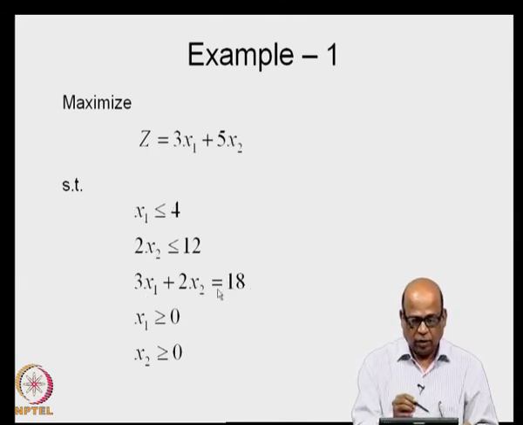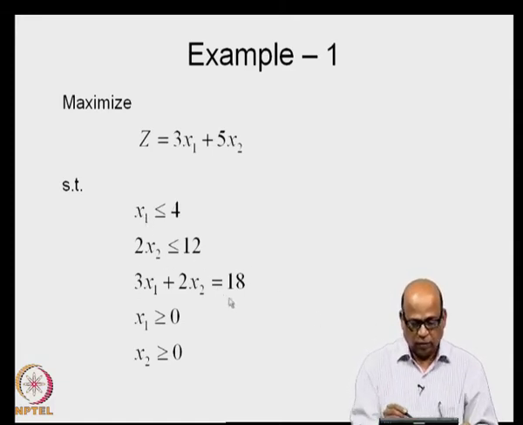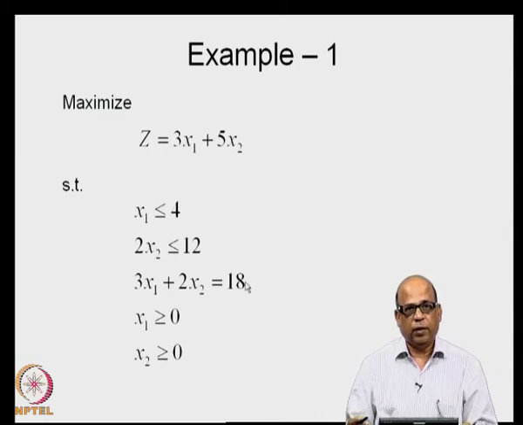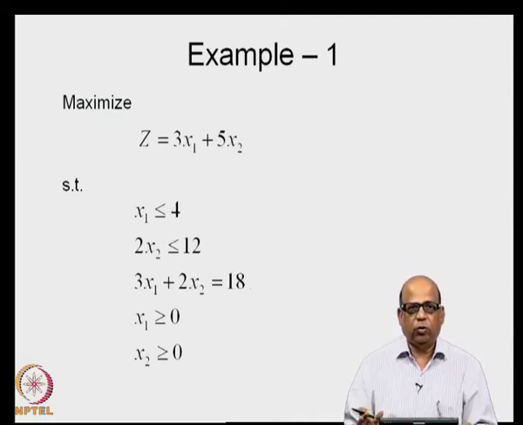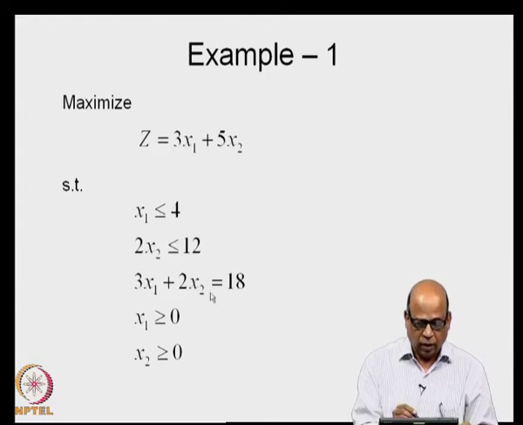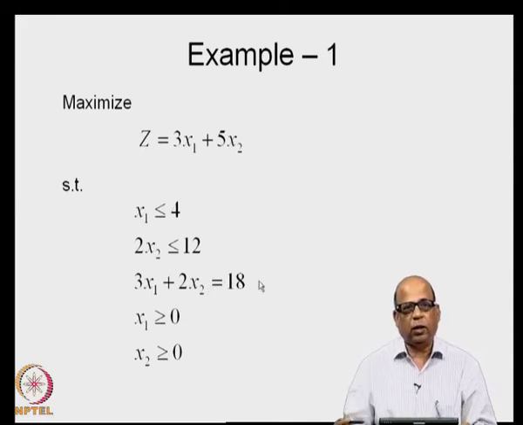Because of this equality constraint, if you put x 1 and x 2 is equal to 0, what happens? This becomes infeasible. This constraint cannot be satisfied, and therefore, there is no initial basic feasible solution possible. And therefore, to ensure the initial basic feasible solution, we add an artificial variable here. So, we will write this as 3 x 1 plus 2 x 2 plus a 1 is equal to 18, just to start off the computations.